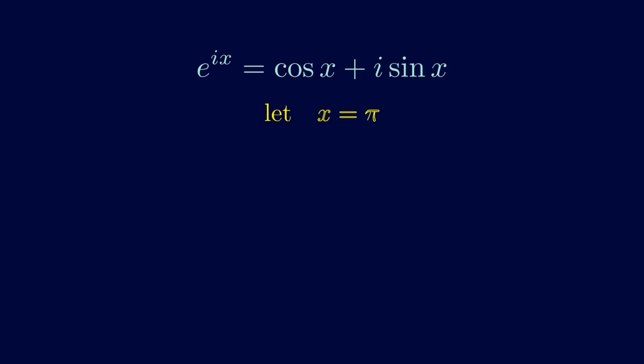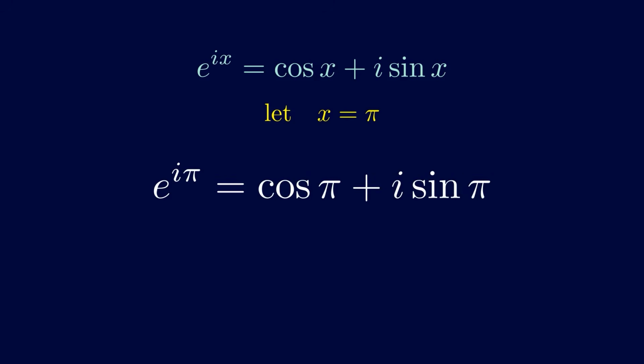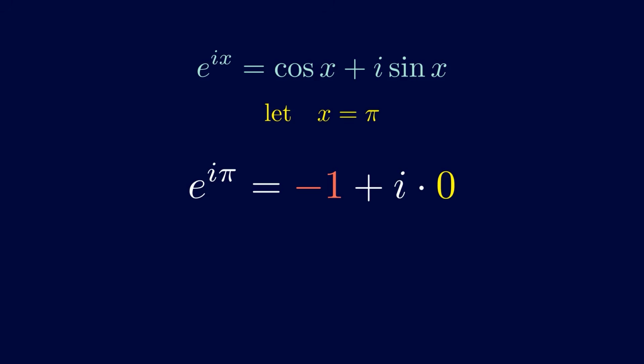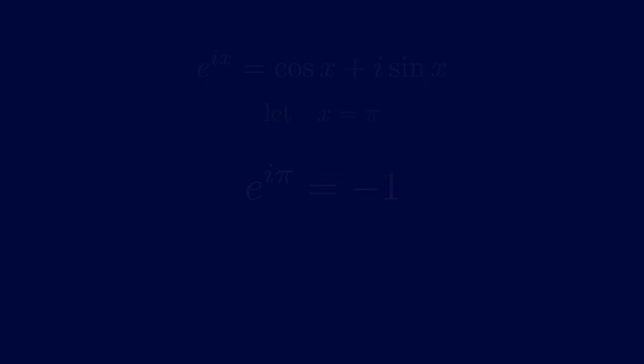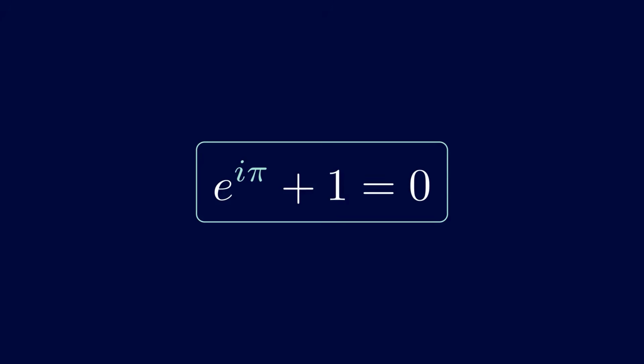For Euler's identity, we set x equals pi, or equivalently, we rotate our point by pi. The point travels halfway around the unit circle and arrives at -1, meaning e to the i pi is equal to -1. We can rewrite this equation to achieve the beautiful e to the i pi plus 1 equals 0.